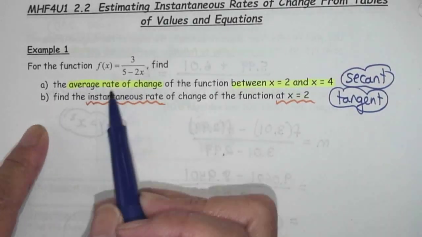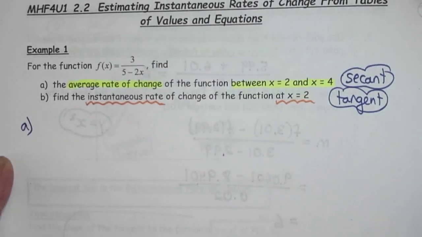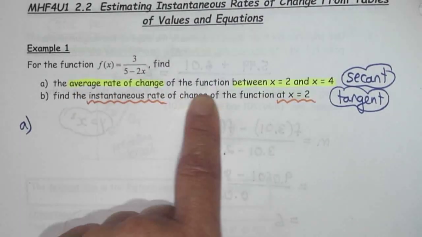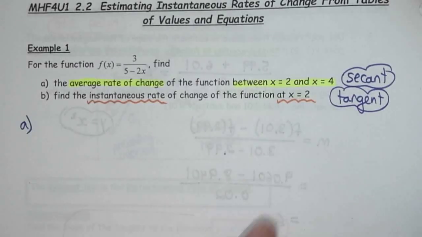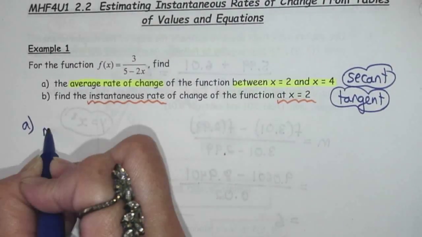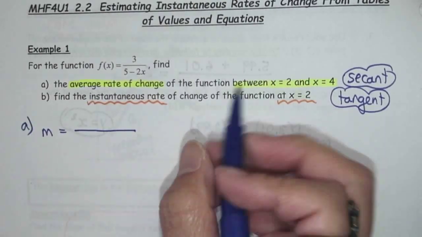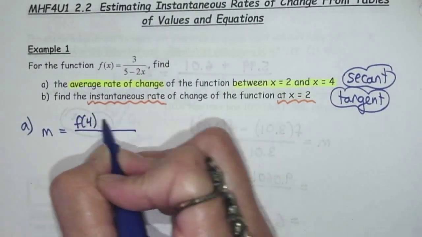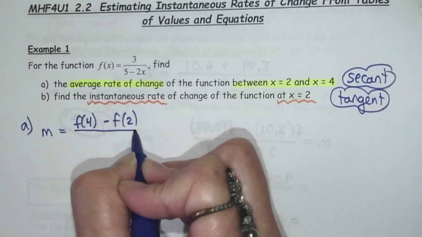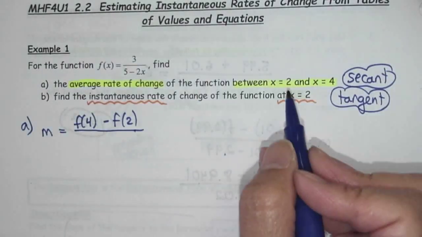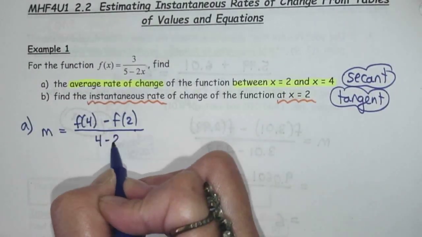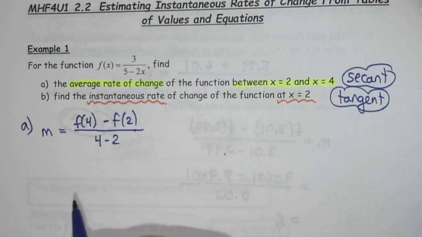So for A, we have the average rate of change of the function between 2 and 4. So again, this is going back to yesterday's 2.1 lesson and comparing the two. So we have m equals f at 4 minus f at 2 all over 4 minus 2, so y2 minus y1 over x2 minus x1.